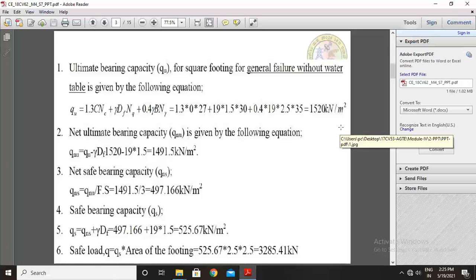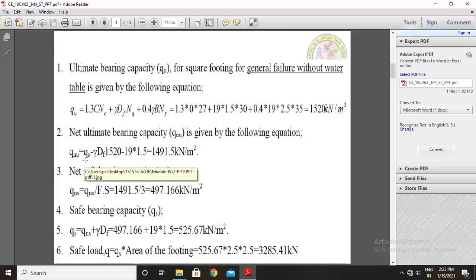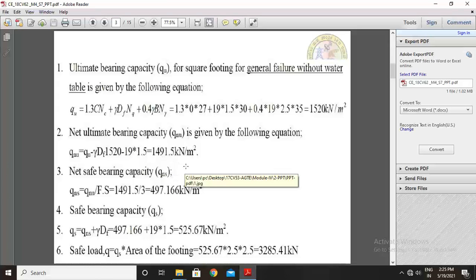Now solve the next step. Net ultimate bearing capacity is given by the relation qnu equal to qu minus gamma Df. Now substitute the values in this equation. qnu is 1520 minus gamma is 19 into Df is 1.5. The answer is 1491.5 kilonewton per meter square.